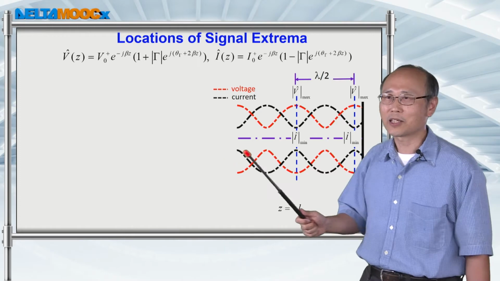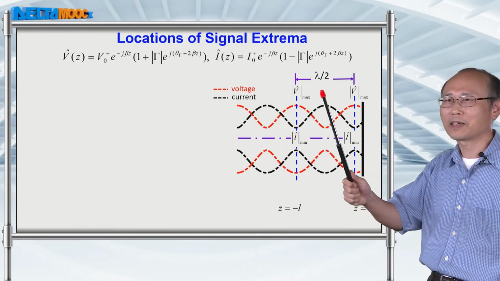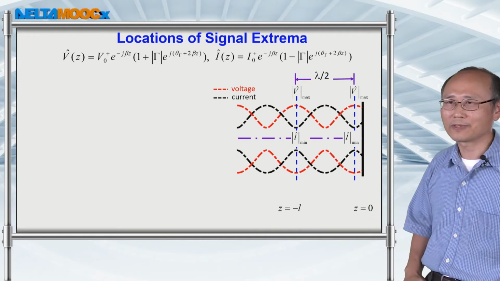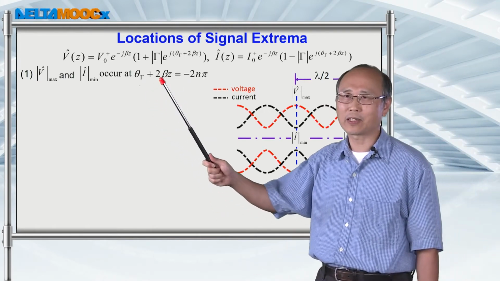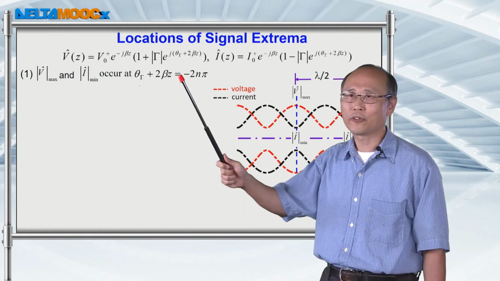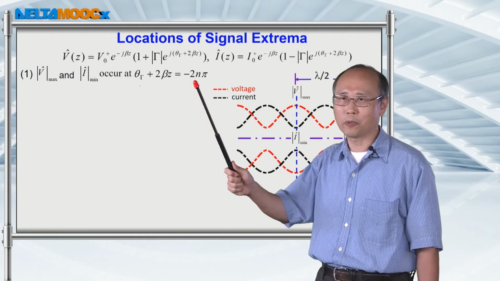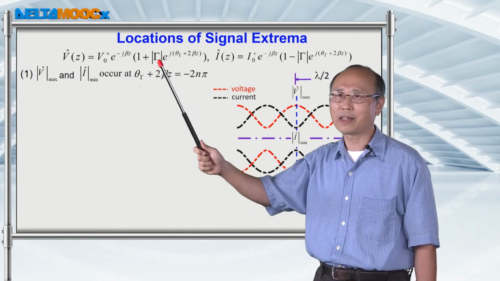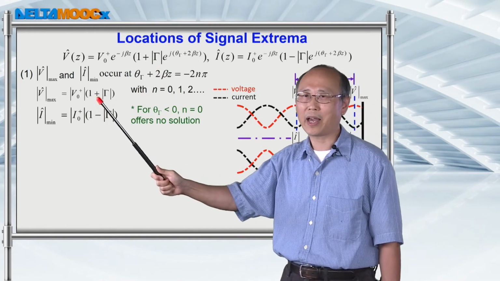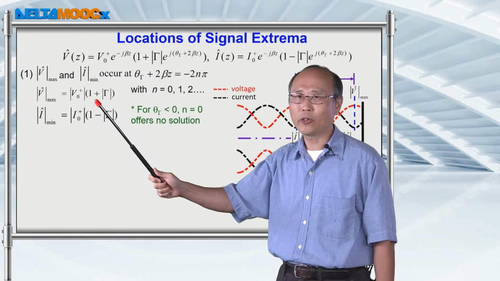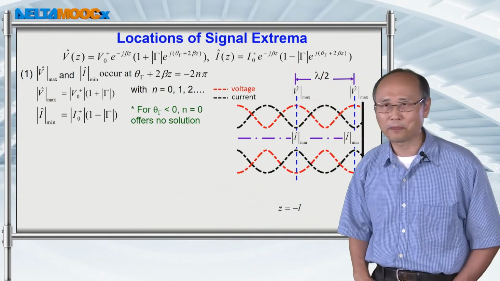And the separation of the two peaks or the two minima is a distance of half wavelength. So mathematically, we can see this from this expression. If you set this phase to be an integer multiple of 2 pi, then this expression is going to give you 1 plus gamma inside this parenthesis, which will give you the maximum value of the voltage for the envelope function.